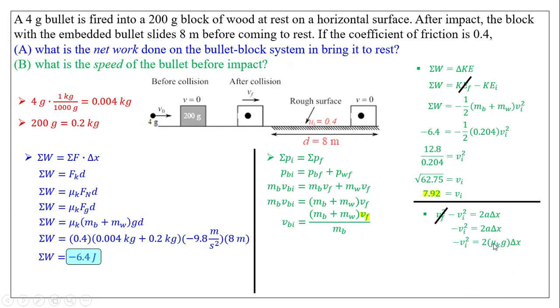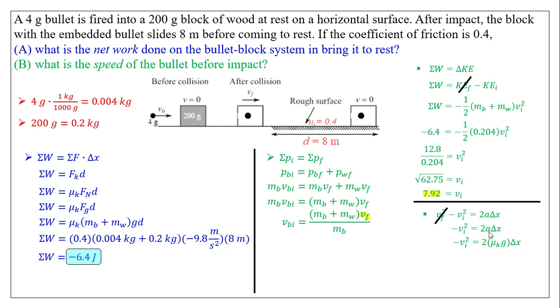Now here's the part. If you don't know that A for this particular problem is mu K times G, listen carefully here, and you may want to write on your paper. Hopefully you can keep up. Well, if you set up net force is just mass times acceleration. But the only force acting on it is the force of kinetic friction. So you would do F of K is equal to MA, right?